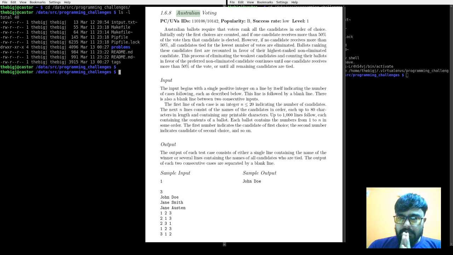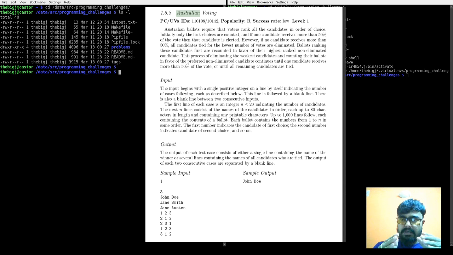Now the input. Let us see if I am able to understand from the input and what the output is, but it can be possible because English is not my first language. The input begins with a single positive integer on a line by itself, indicating the number of cases following.